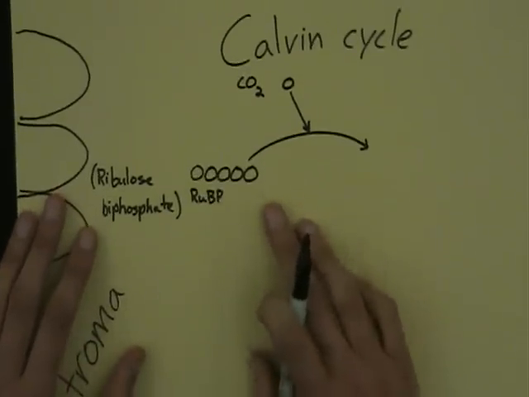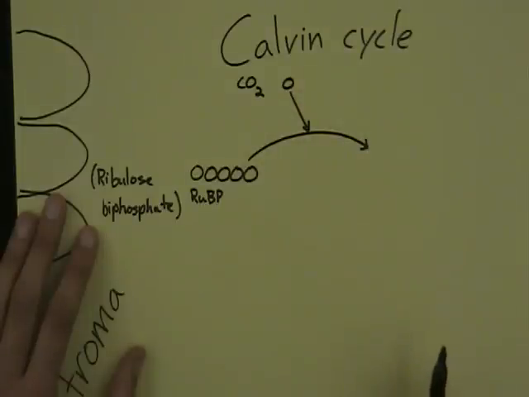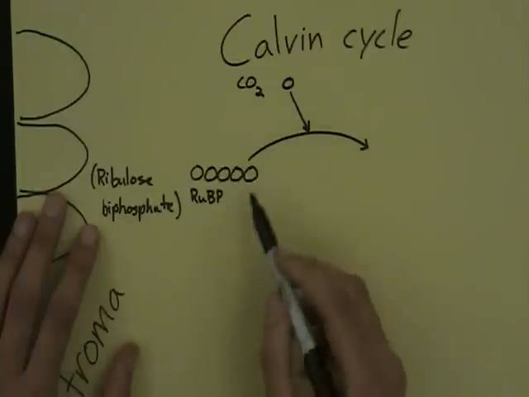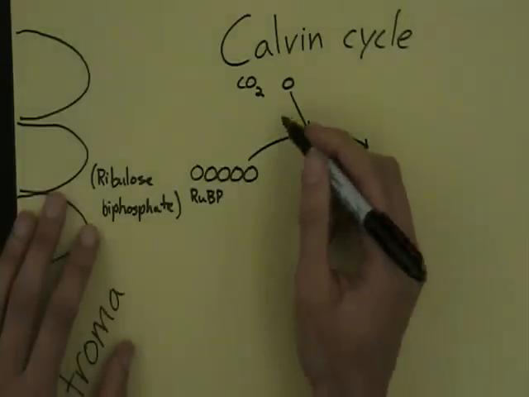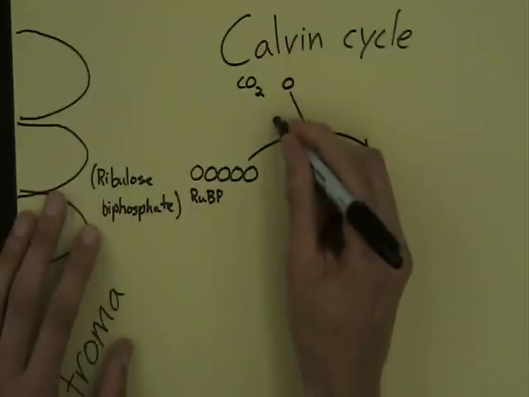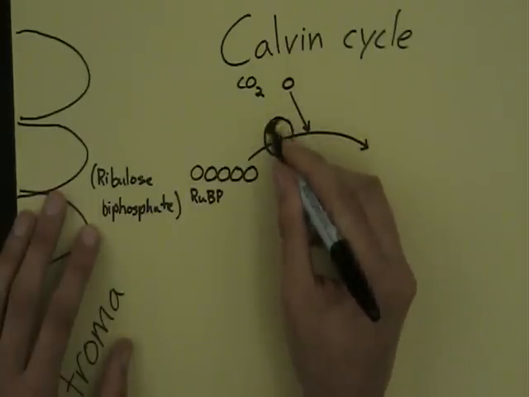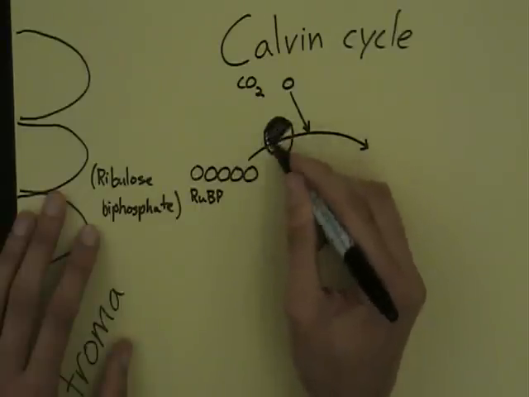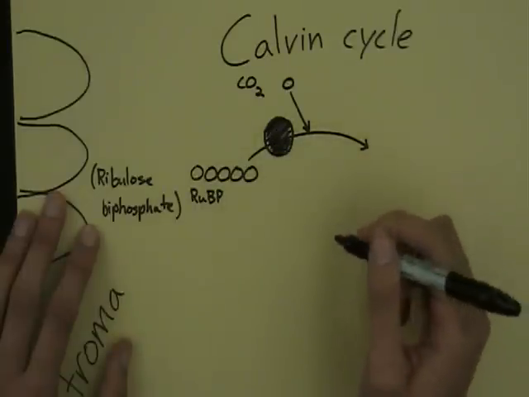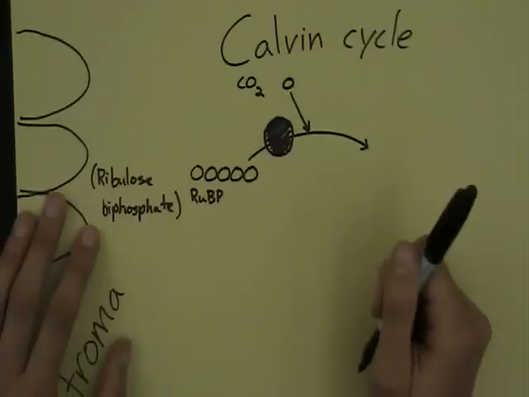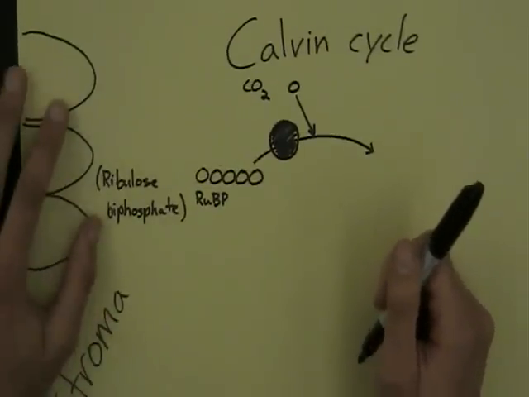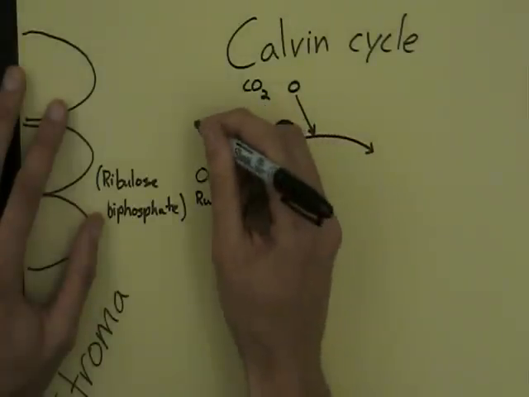So the RuBP binds to carbon dioxide, and for this step to happen, we need an enzyme, and we have a very significant enzyme here. In fact, it's the most common protein in the world, which is quite a feat. It's called Rubisco.